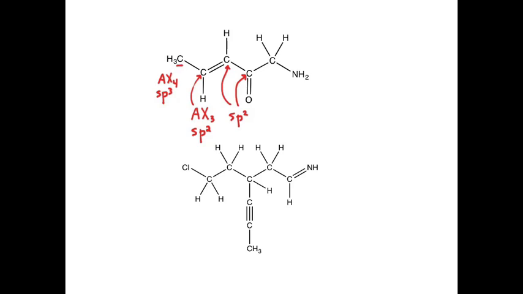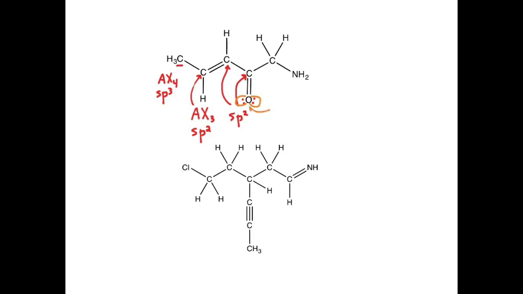Looking at our oxygen, now we have to remember that oxygen will have lone pairs, and lone pairs go into orbitals. So we need to draw in our lone pair, and oxygen makes 2 bonds and has 2 lone pairs. So we have to remember that those lone pairs count when we're talking about hybridization.